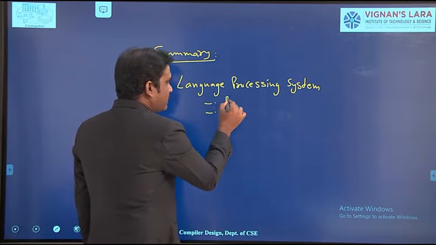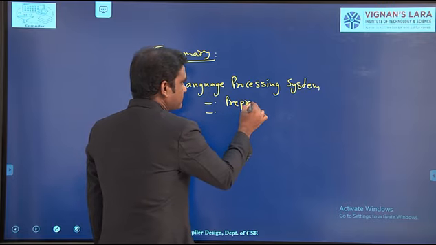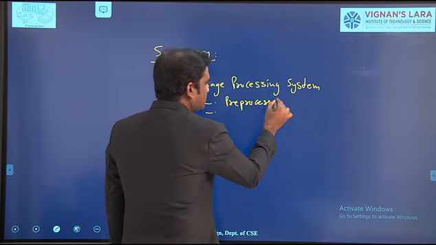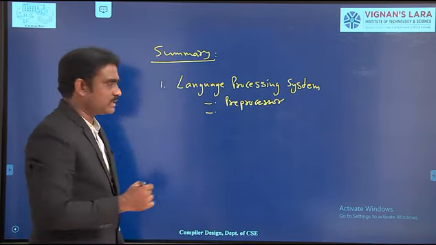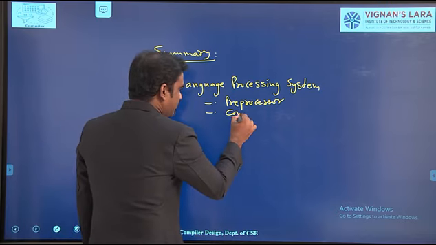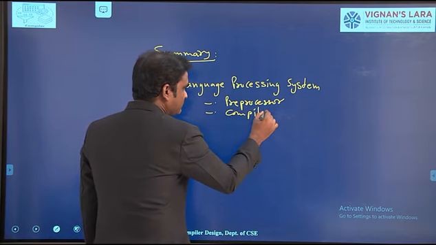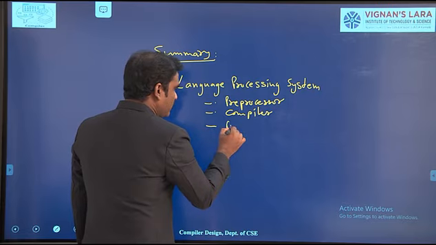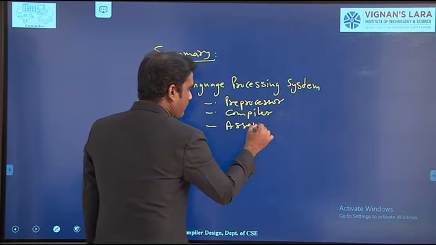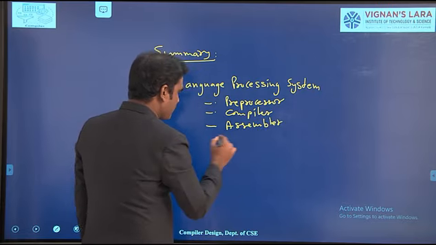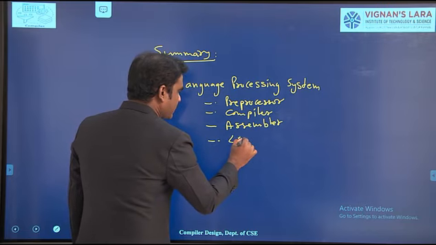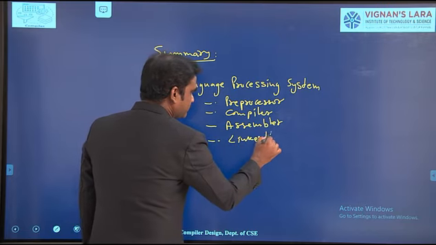One is preprocessor, second one is compiler, third one is assembler, fourth one is linker loader.